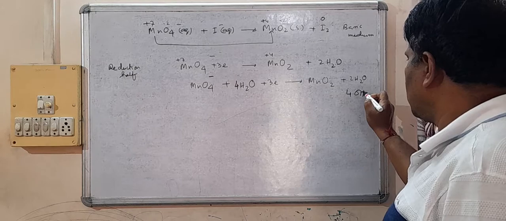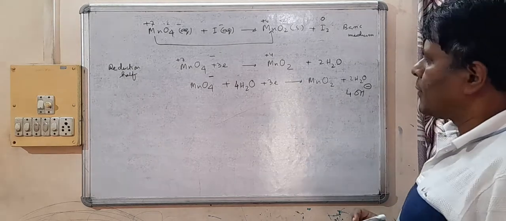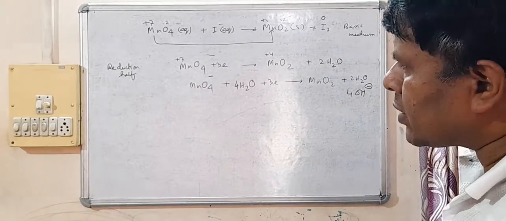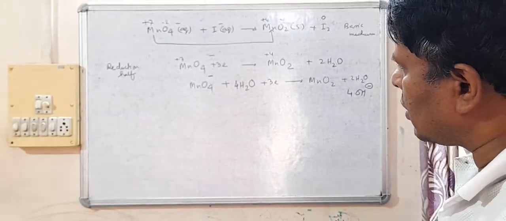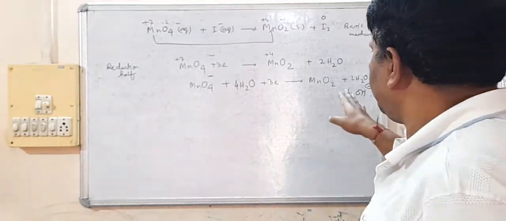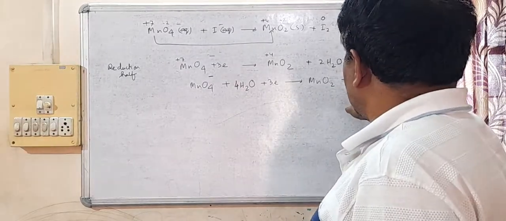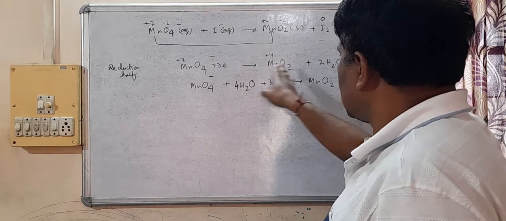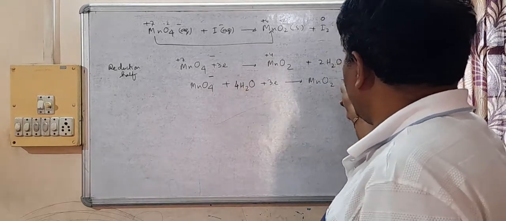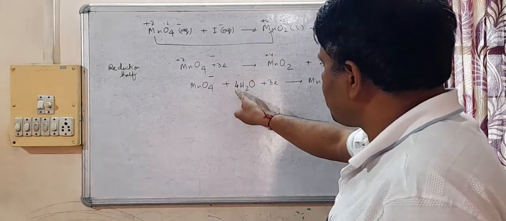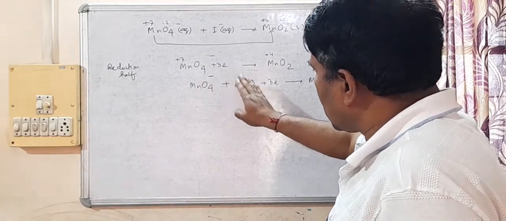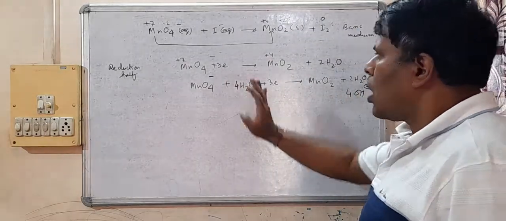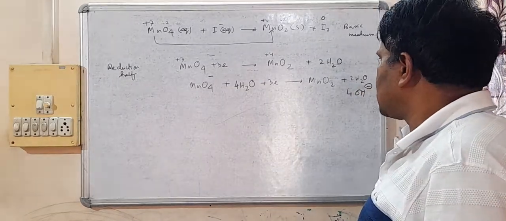So this is the rule for balancing hydrogen in basic medium. This side there was 4 hydrogen and this side there was no hydrogen, so we had to add 4 water, and at the same time on the other side we have to add 4 OH minus. So now you see hydrogen is balanced.